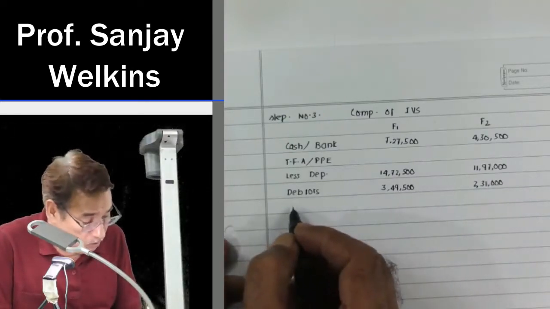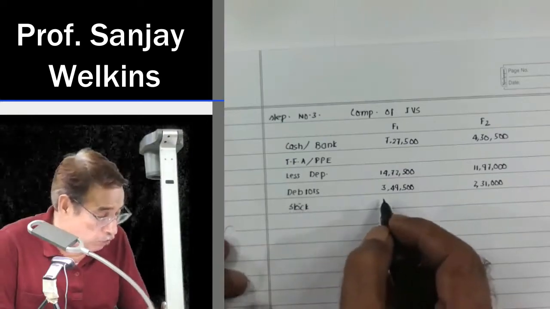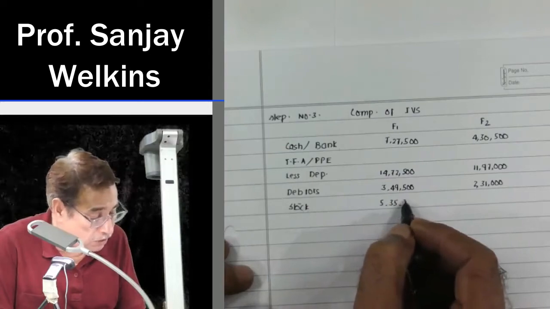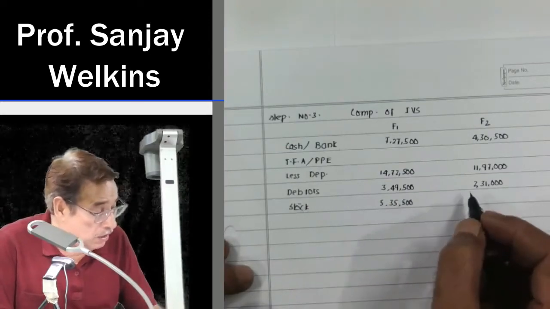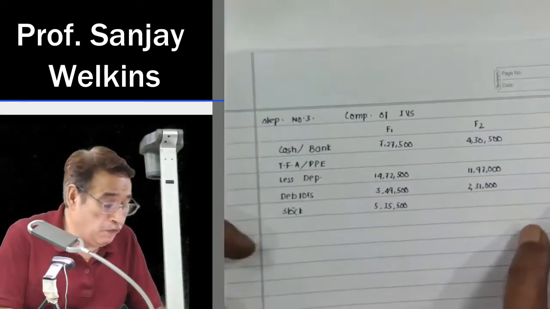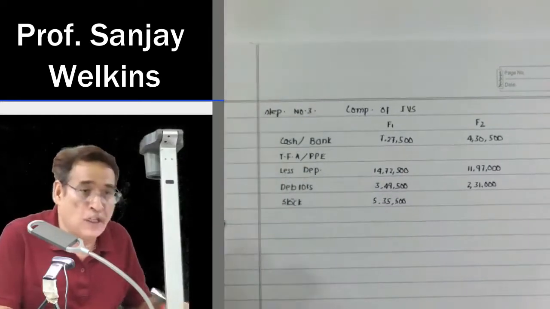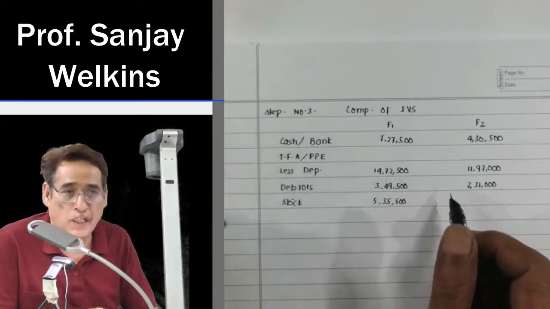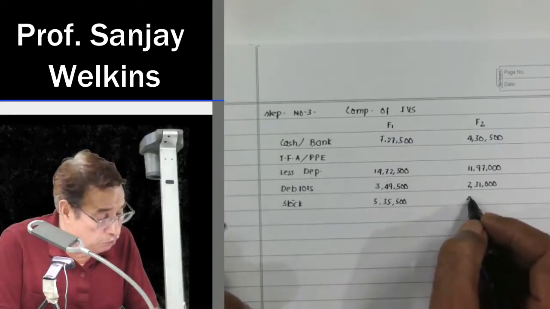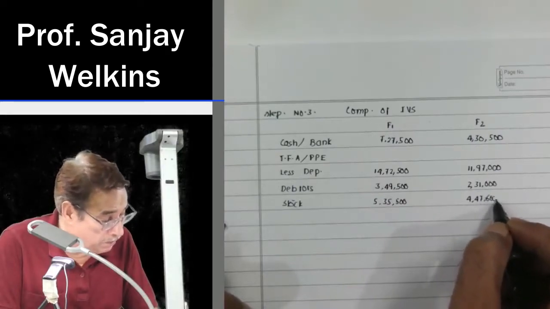Correct? Then stock. As far as stock of F1 Limited was concerned, there is no problem in it, 5,35,500. However, the stock of F2 Limited was taken at a revised value, and in order to compute the revised value, we subtracted abnormal item 8,500, and whatever remaining balance was there, we appreciated it by 20%, and we got the figure of 4,47,600. Is it clear to you or not?